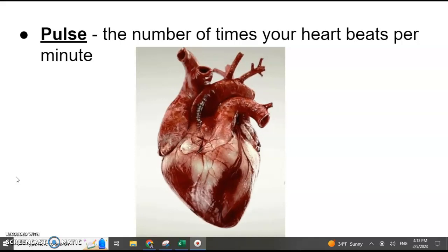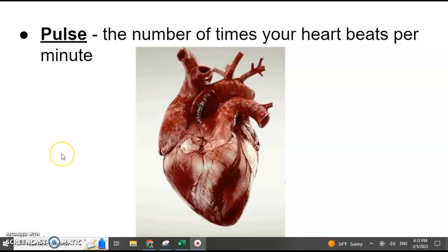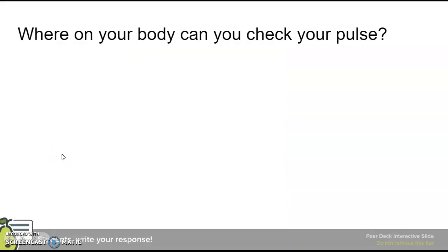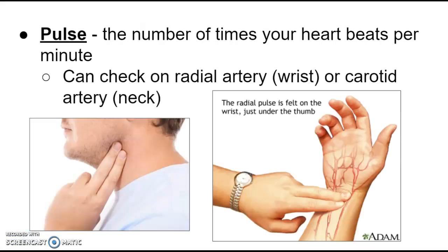So where can we take our pulse? We can take our pulse in a couple different places. We can take it on our radial artery, so our wrist. We can take it on our carotid artery on our neck. And the reason that we need to take it from an artery is because arteries have high pressure. Remember, arteries go away from the heart, so they're really close to the heart where there's that high pressure.